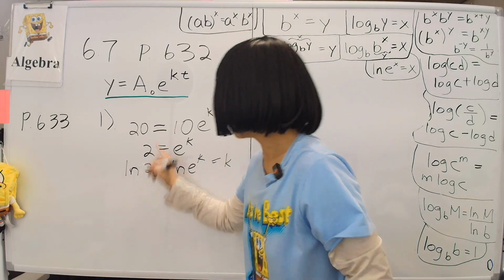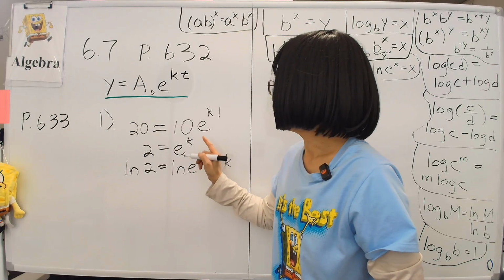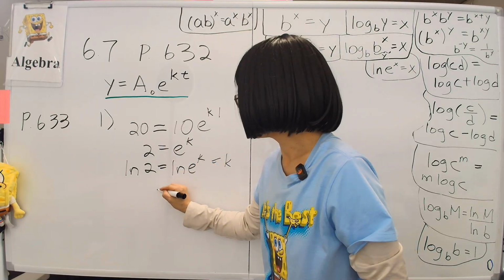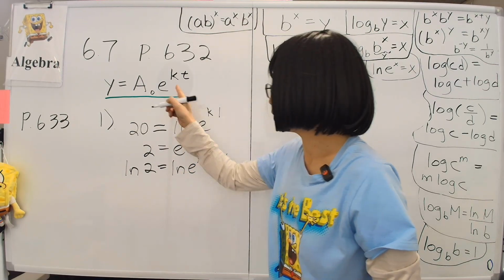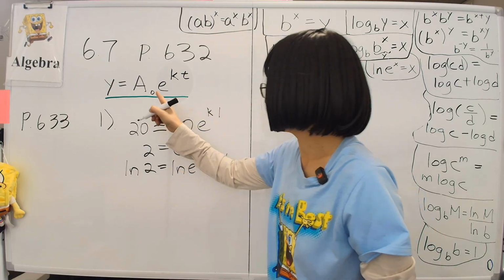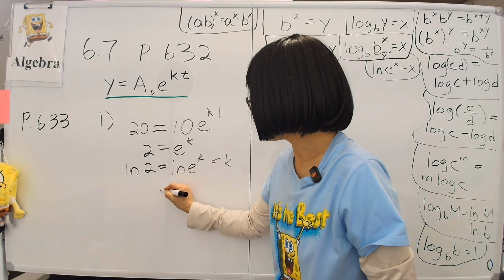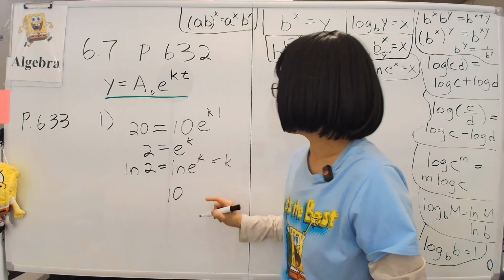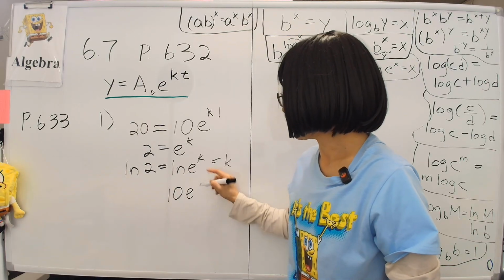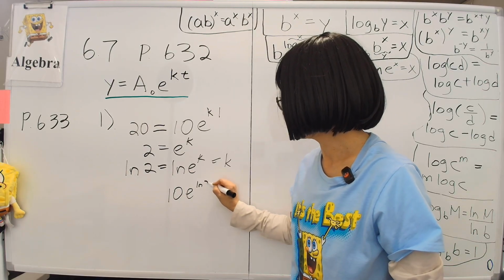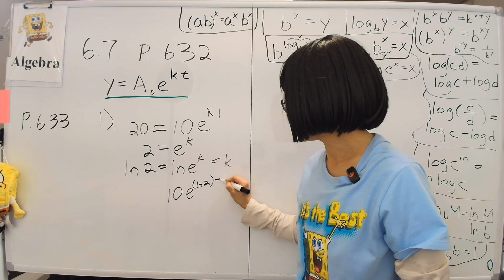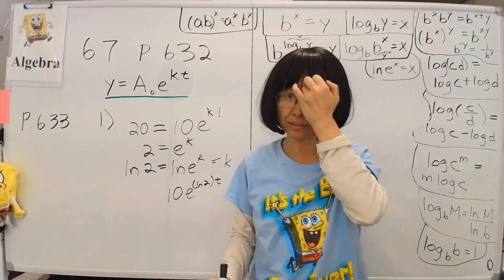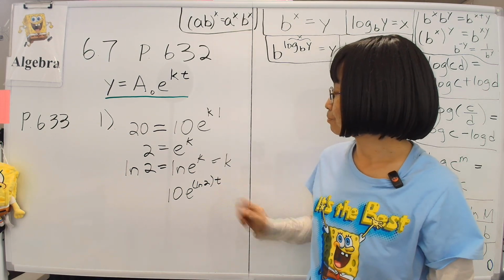Okay, so now we can write down our formula for this bacterial growth: A0, which is given as 10, times e to the power K, which is natural log of 2, that's K, times T.